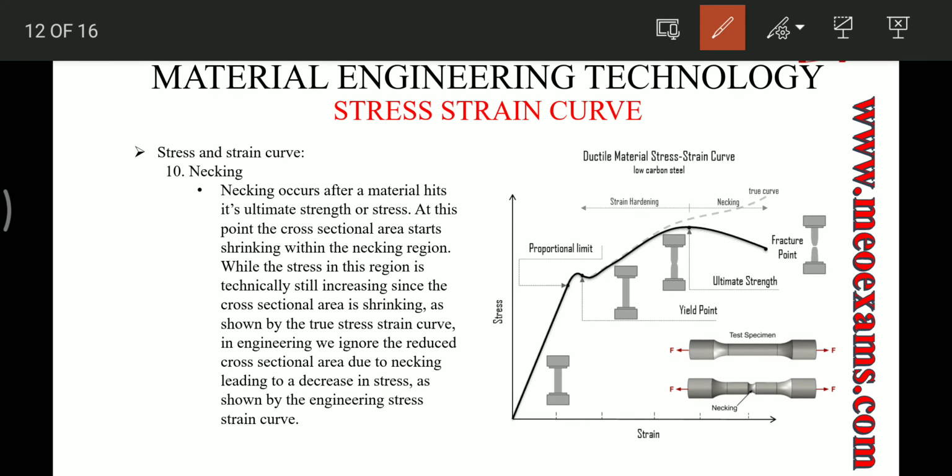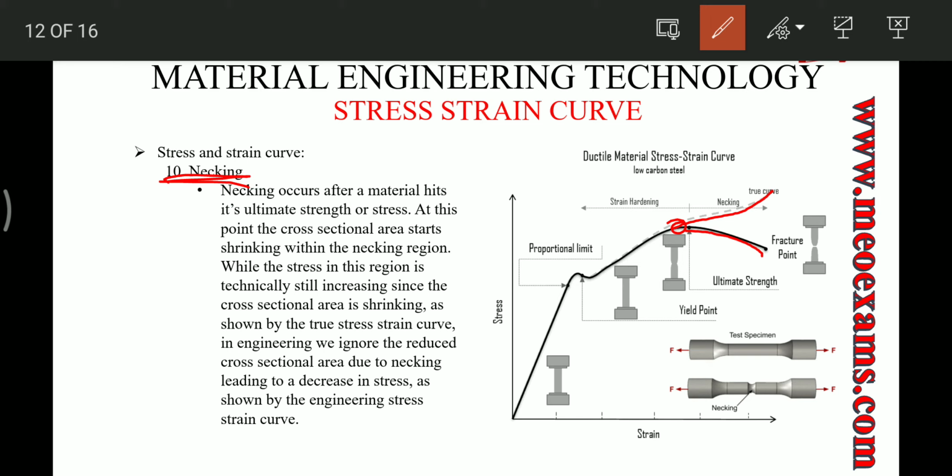Then we have something called necking. As I have already told you, friends, beyond this point the necking will start. As you can see, this graph is moving downward, which means that during necking the stresses will decrease, but in real life that is not the case. In real life these stresses will increase.